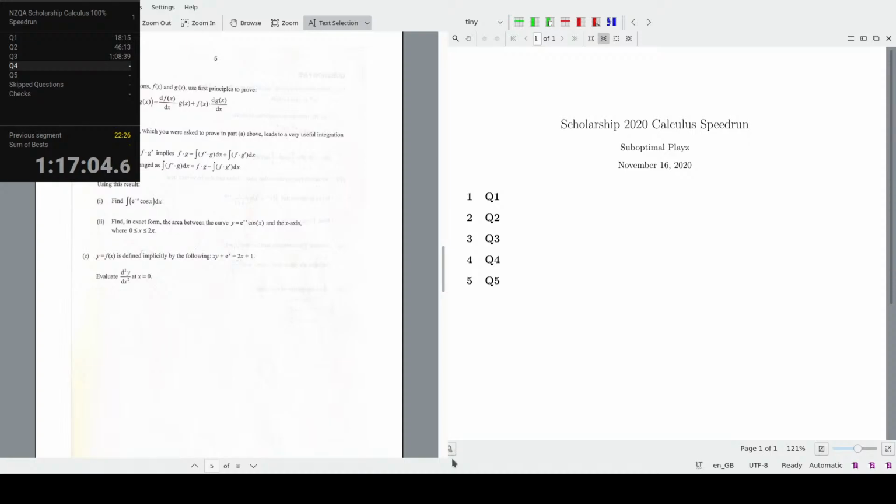Alright, 4BI. Okay, 4BI is just integration by parts, right? If g prime is equal to... so f prime g plus f g prime. Yeah, okay, so this is integration by parts.